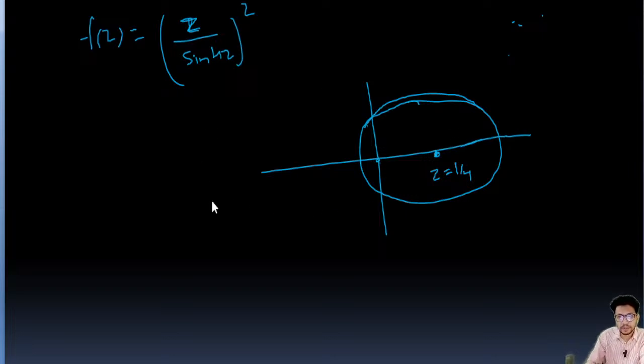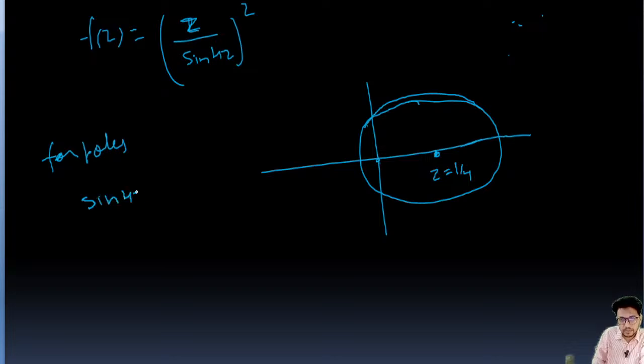Now we'll solve it. First we'll find the poles. So for poles, sine 4z is going to be 0, right?